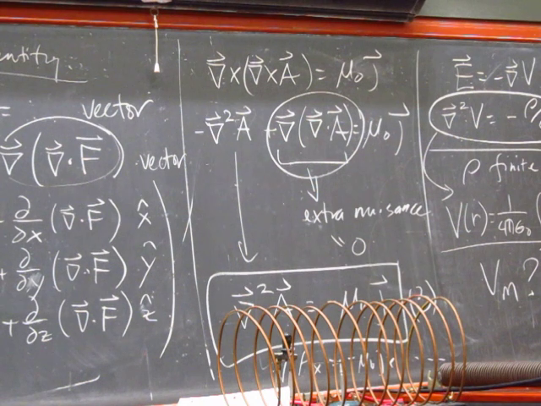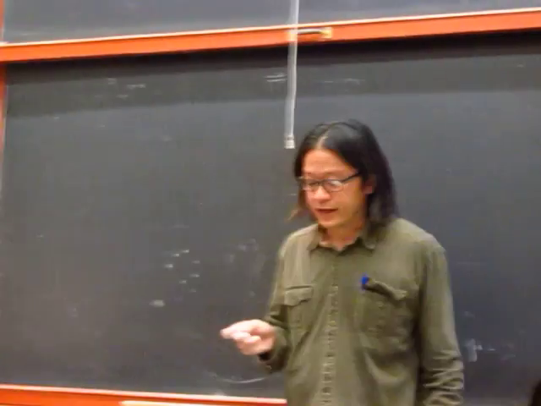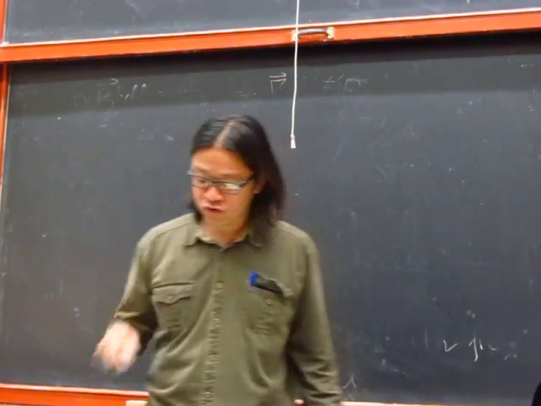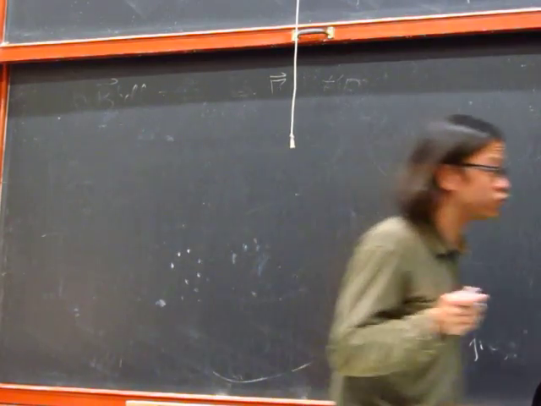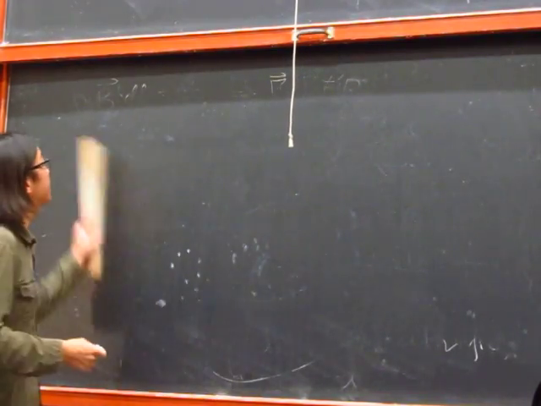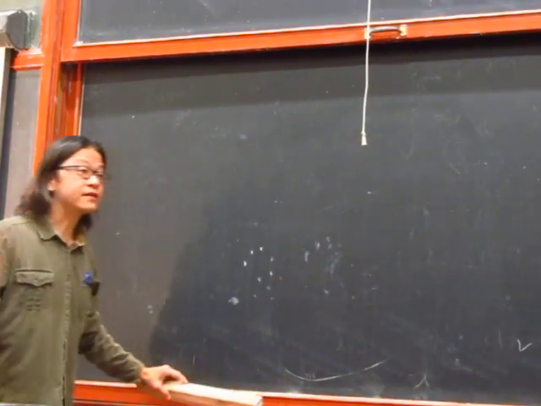Any questions so far? Are you just supposing there's some A such that B is a curl of A? So it's possible to choose an A. We have a choice, just like in electrostatics. In electrostatics things are a lot simpler.